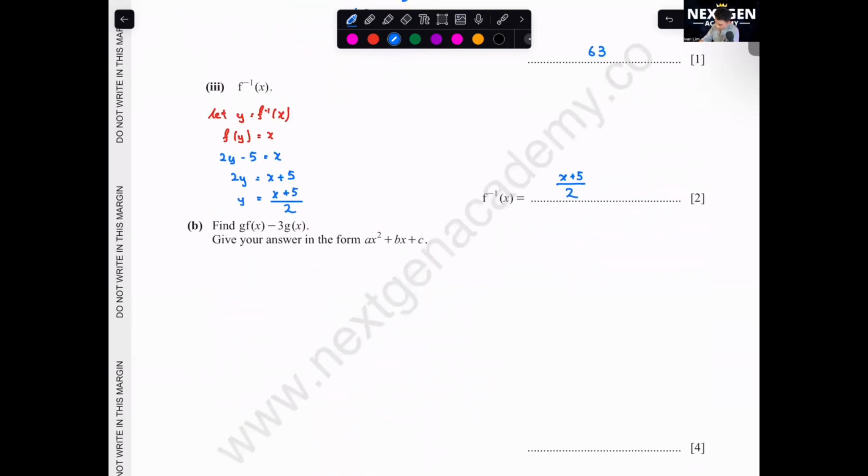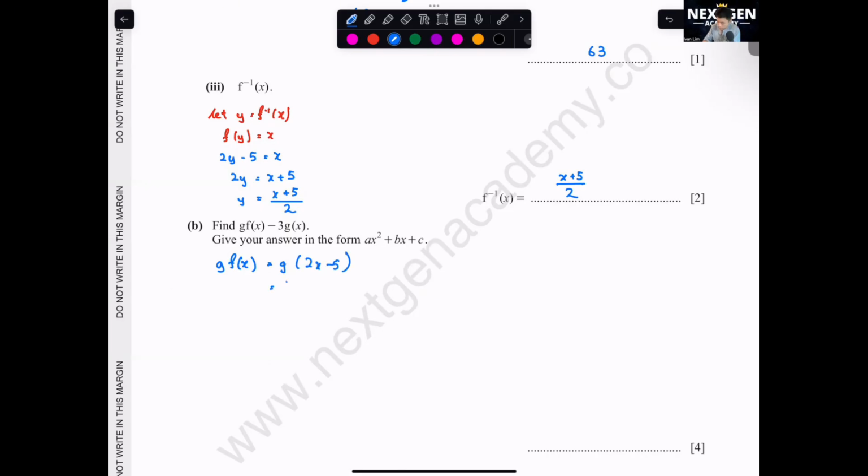Okay, question B. This is a 4-mark question. gf(x) minus 3g(x). We can split it up first so that we don't get confused. Let's find gf(x) first. gf(x) is g of 2x minus 5.